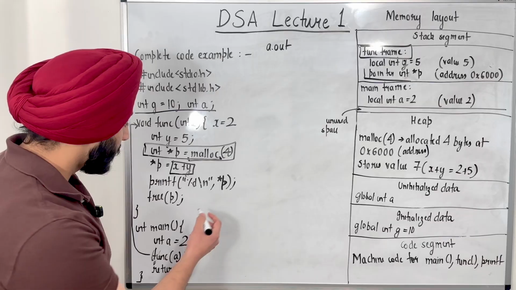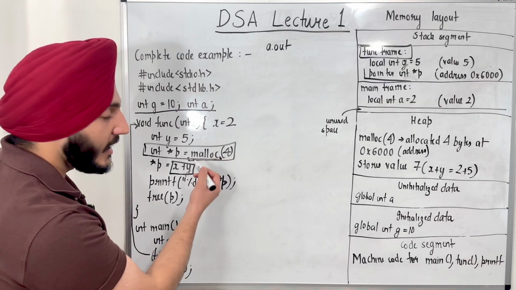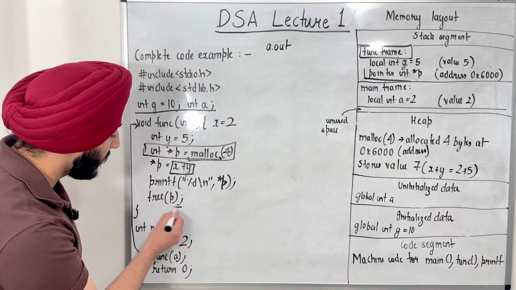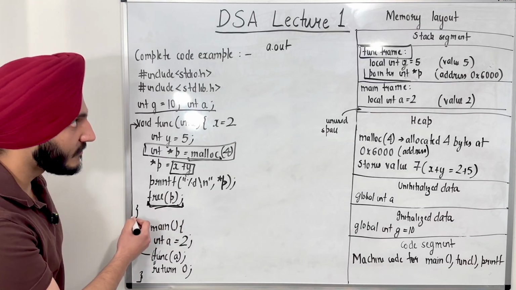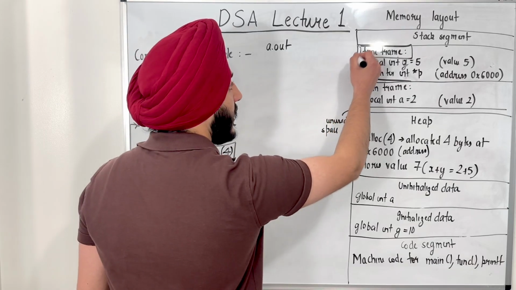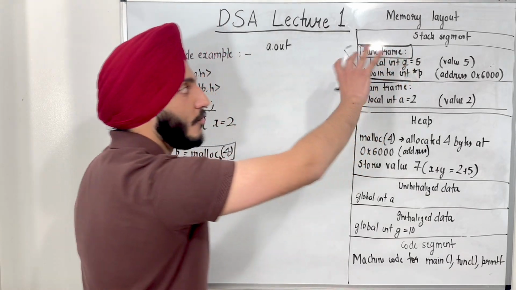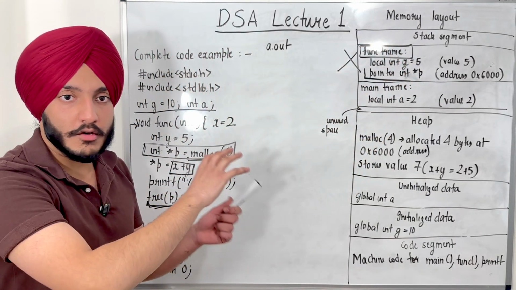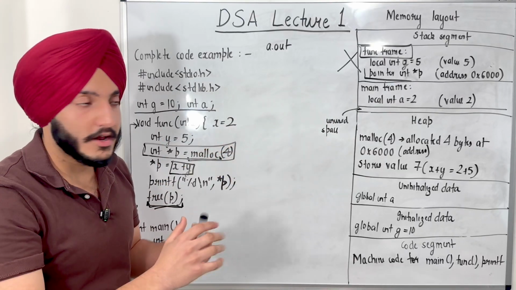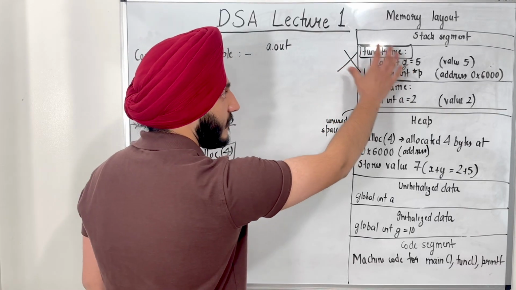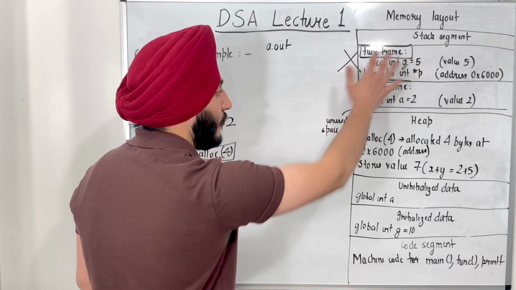So once we have allocated memory and used it, we need to make sure that we free the memory as well. Once we free it and we exit this function, this stack frame for func will be removed from the stack, because we no longer need it. Whatever purposes we needed it for, that's already done. So from the stack segment, this function frame will be removed.